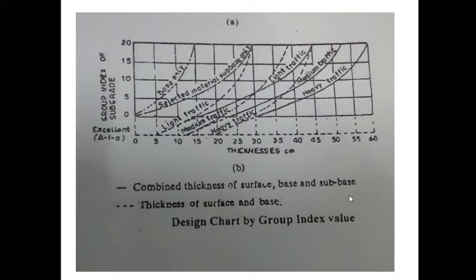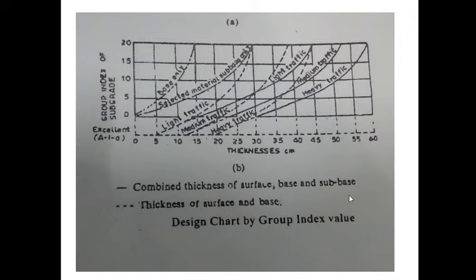The solid line curve shows the combined thickness of surface, base, and subbase course, whereas the dotted line shows the thickness of surface and base course. The difference between the two is called the thickness of subbase. The x-axis shows thickness in centimeter, whereas the y-axis shows the group index of the subgrade.